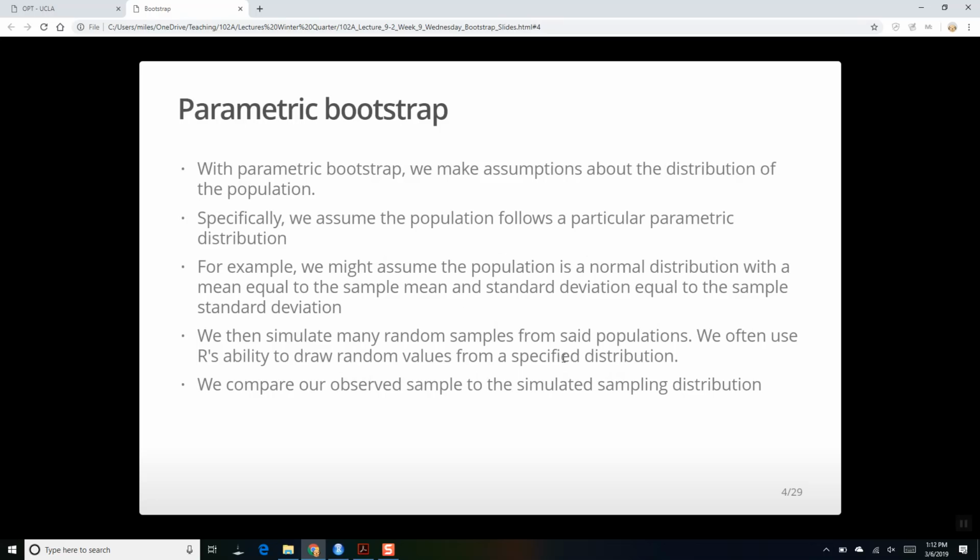So one example is we might say the population is a normal distribution with the mean equal to our sample's mean and the standard deviation equal to our sample's standard deviation. Then we simulate random samples coming from that theoretic normal distribution with this mean and standard deviation.